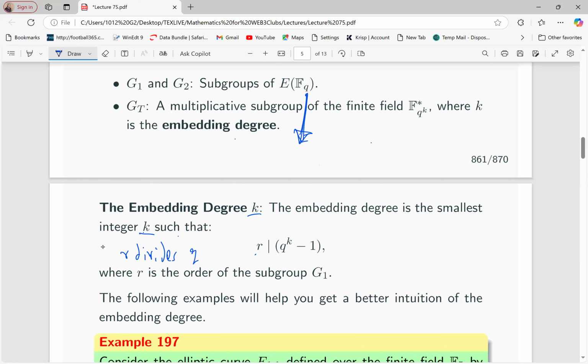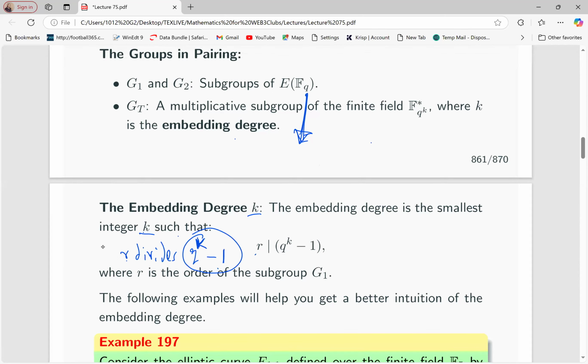R must divide this, and the smallest integer K that makes R divide this is what we call the embedding degree. But what is R?